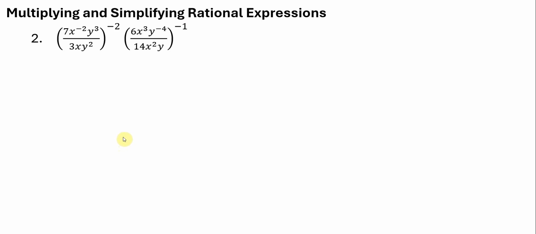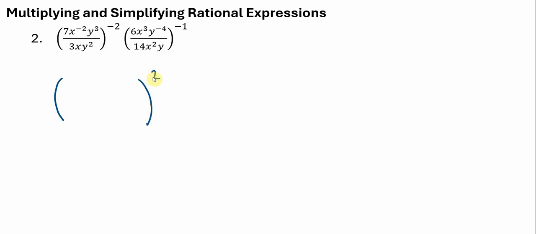This time we've got a bunch of different variables, a bunch of exponents, and so this is just a fine time to review and discuss exponents and how that works. If you're not sure, look back at some of your own notes, but otherwise let's get on with it. The first thing I'm going to do here is change the negatives on the outside into positives, and the way we do that is by taking the reciprocal of the expression that's inside.